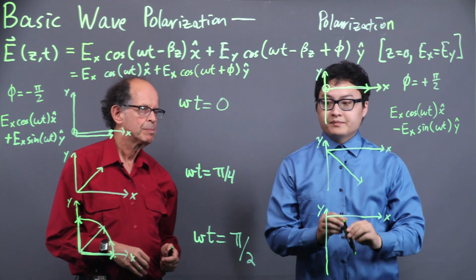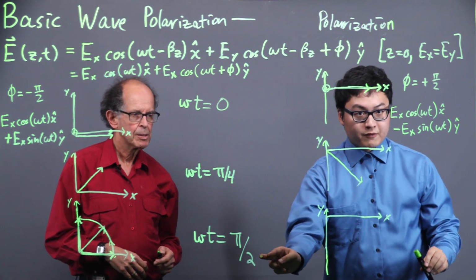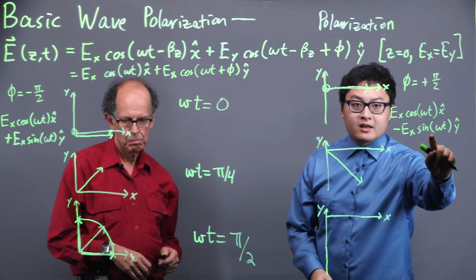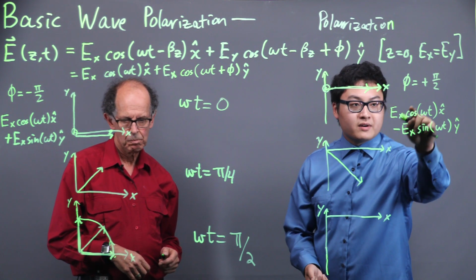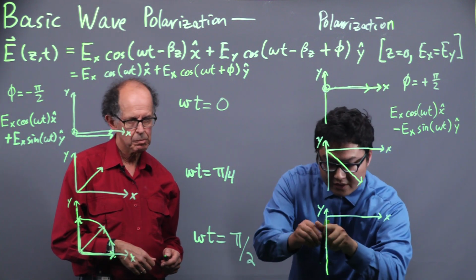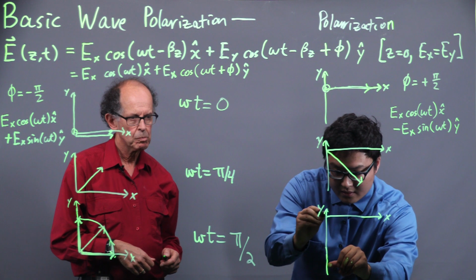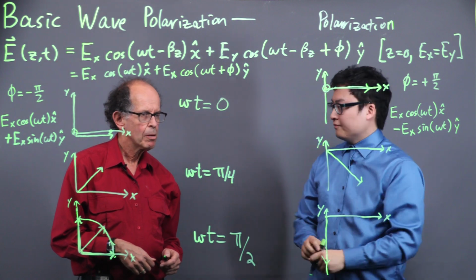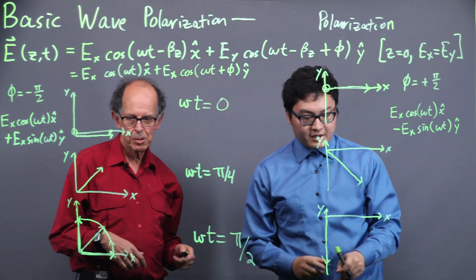That's the new E. And then at pi over 2, 90 degrees, it's pointing purely down because the sine is 1 and then is in the negative. The cos term becomes 0. So you have that. Okay, you want to draw in the others and show the circle?